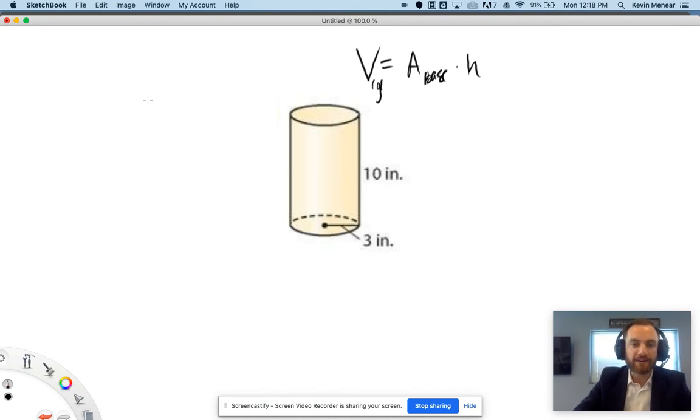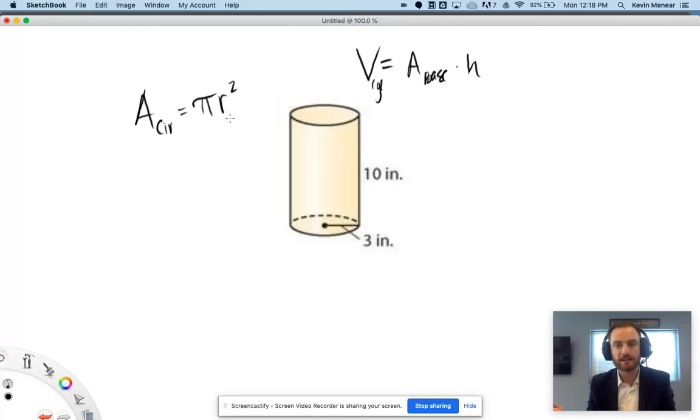The base of a cylinder is a circle, so I'm talking about the area of a circle, which is pi r squared. Well, that's so simple. To find the volume of a cylinder, you just do pi r squared times the length or the height of the cylinder. It's really that simple.